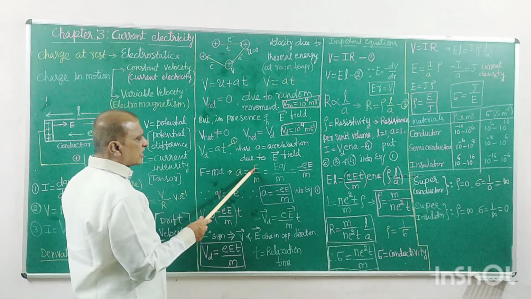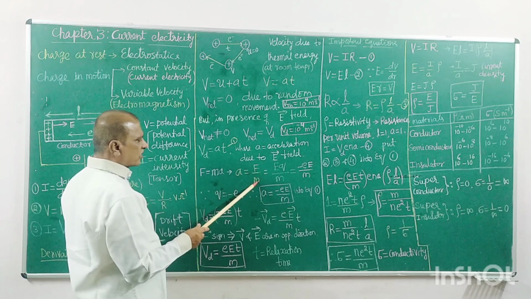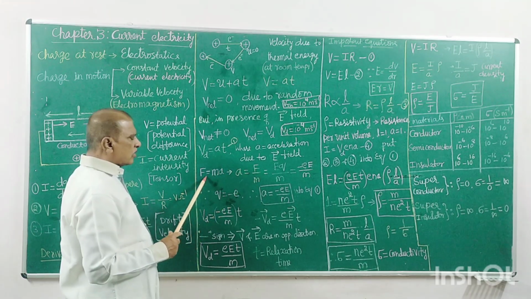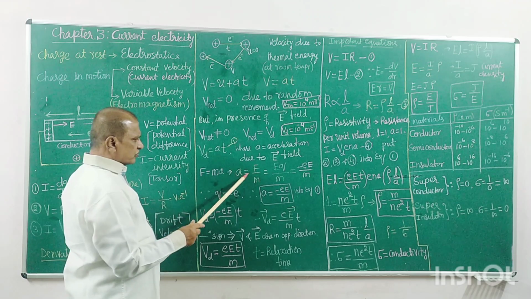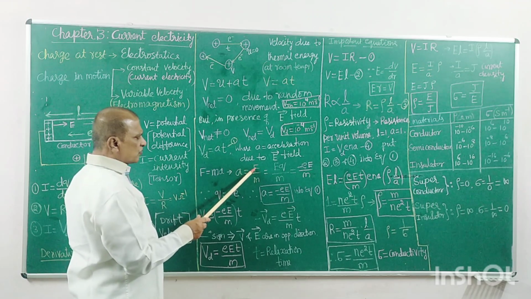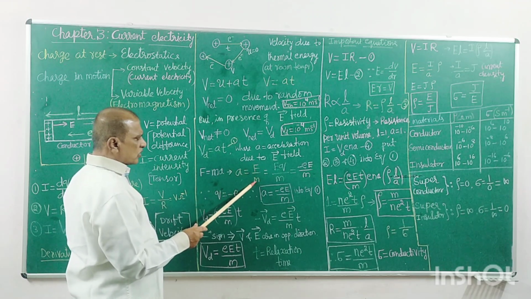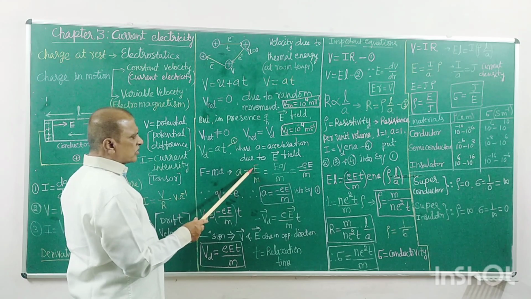F means the electric force, and m means the mass of the electron. So the electric force divided by mass.